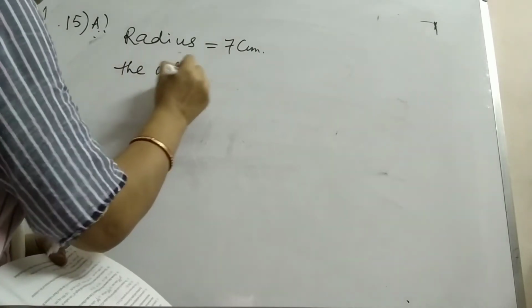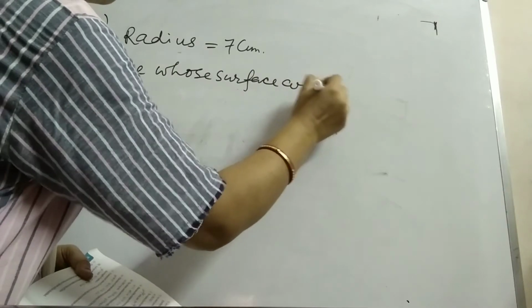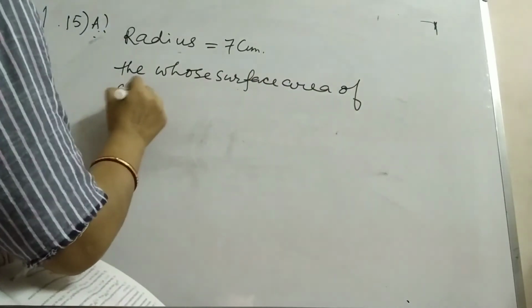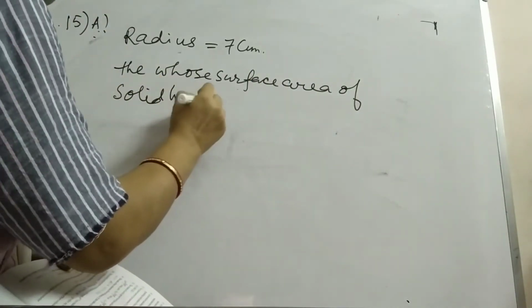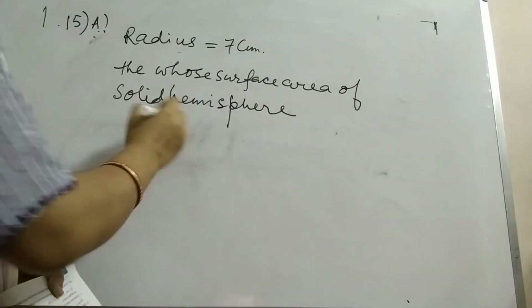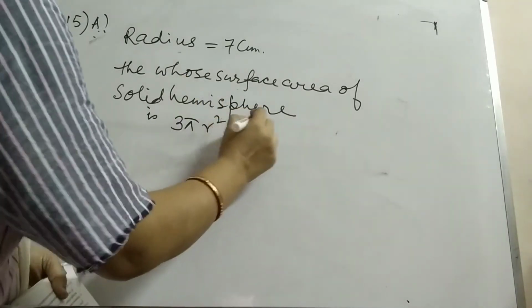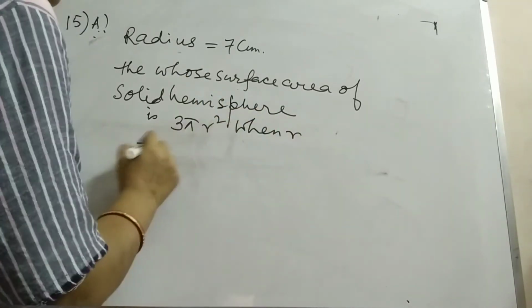The whole surface area of a solid hemisphere is 3 pi r square, when r equals radius.